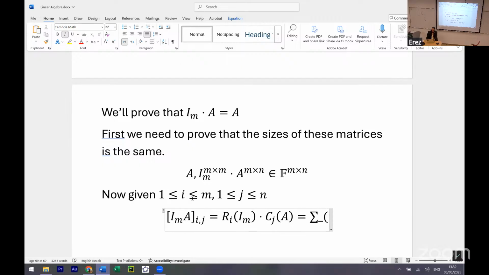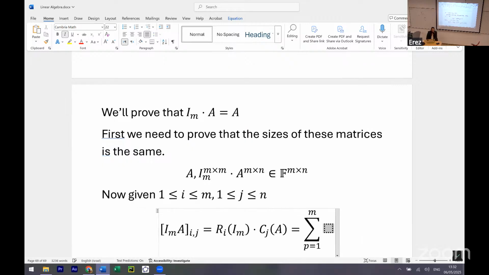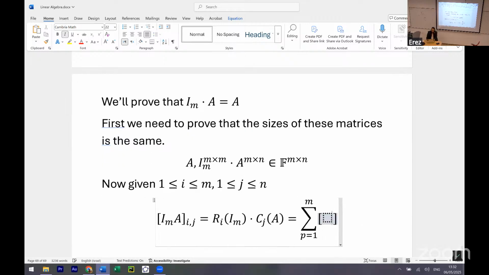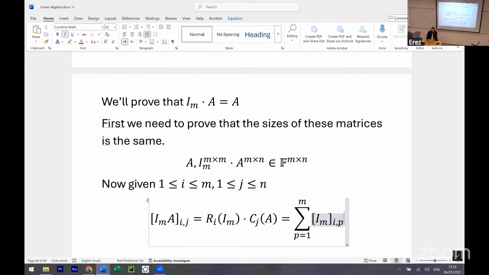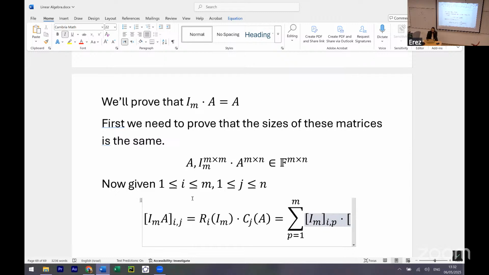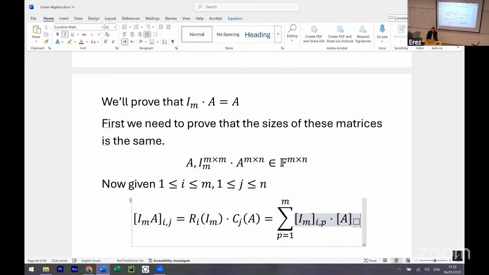I do sigma over some kind of index p from 1 to m of I_m in the place ip times A in the place pj.